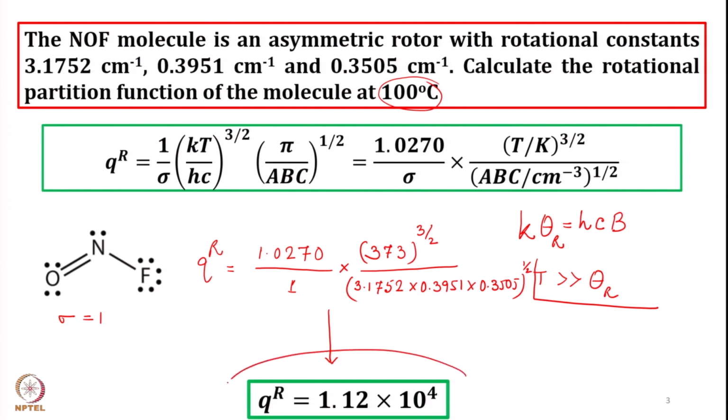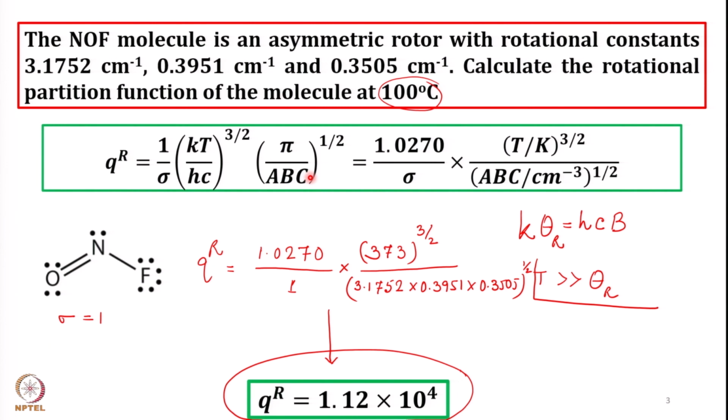Please note that this number is very high. So for a non-linear rotor, obviously the value of rotational contribution to partition function is inversely proportional to ABC, and ABC involves moment of inertia, h cross by 4 pi c I, right.